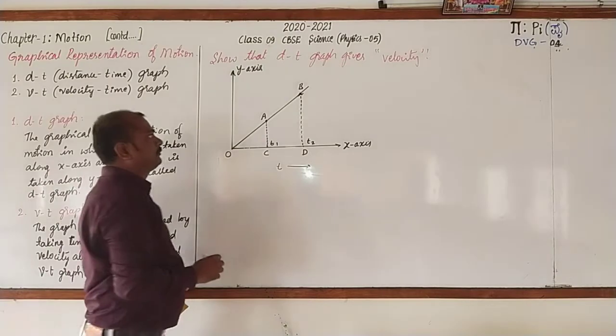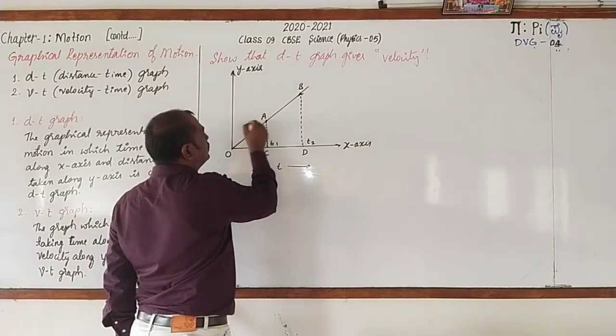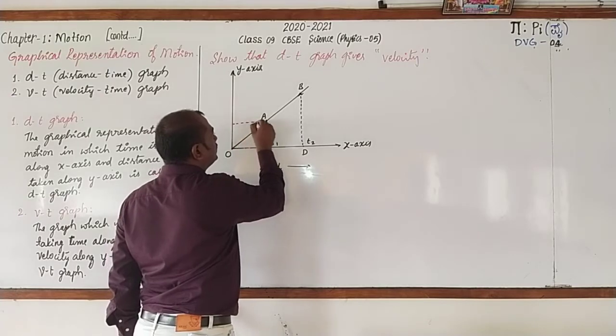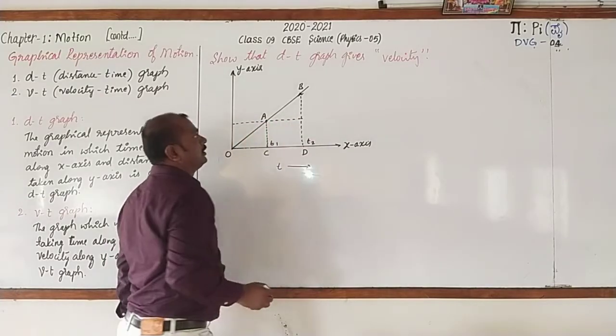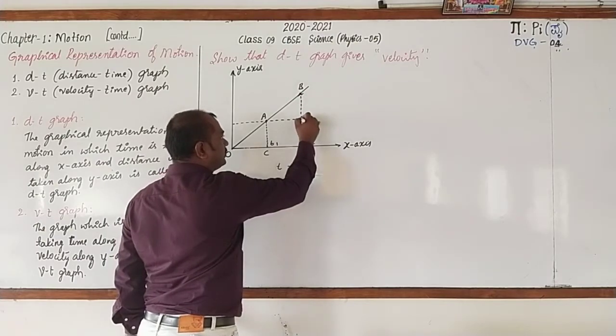Next, again, draw a line parallel to the x-axis through A. It will intersect the line BD at a point.